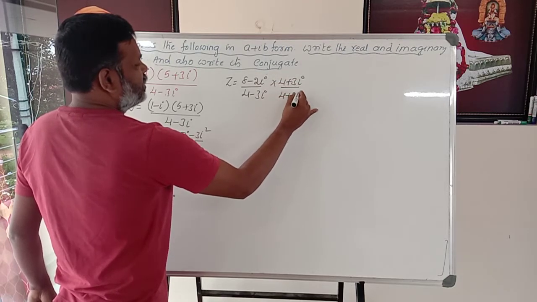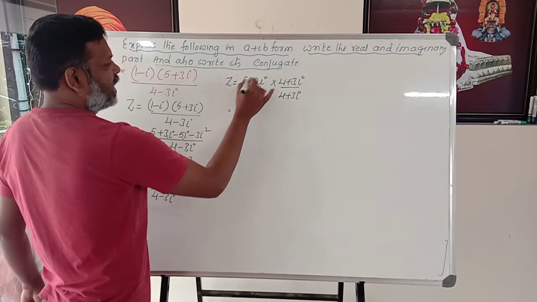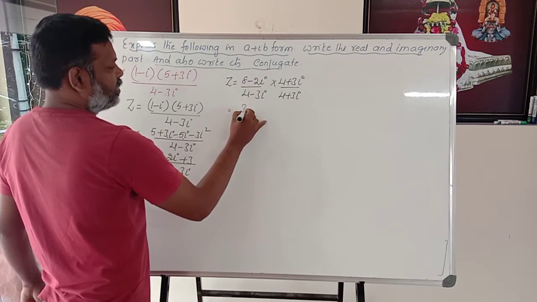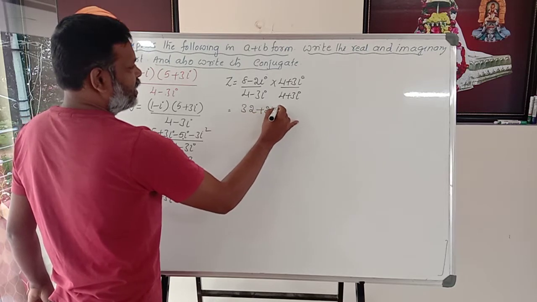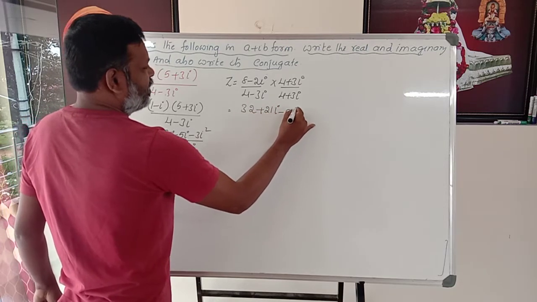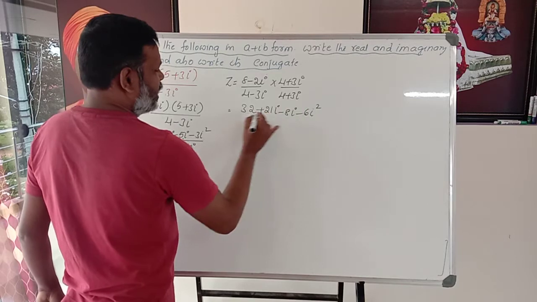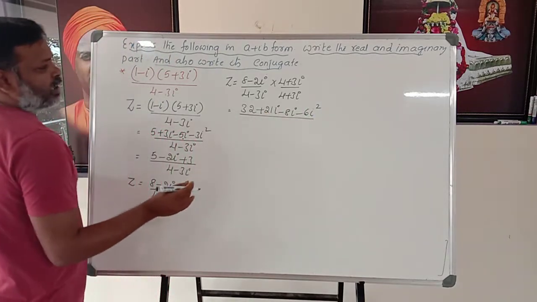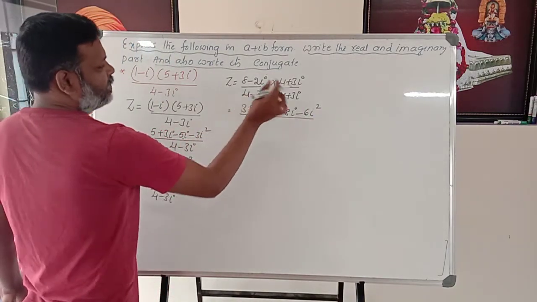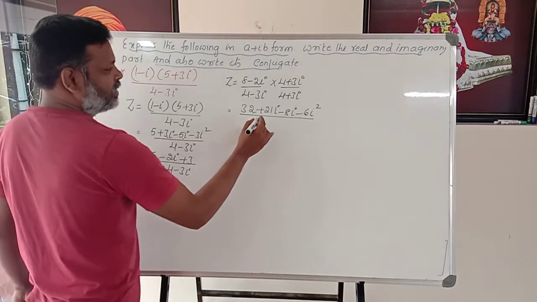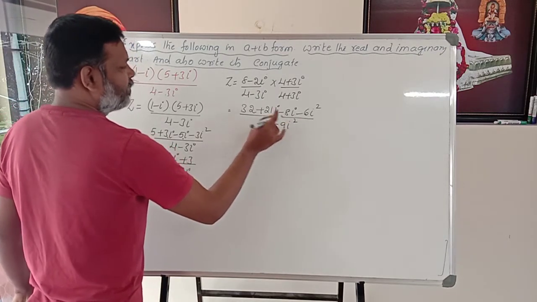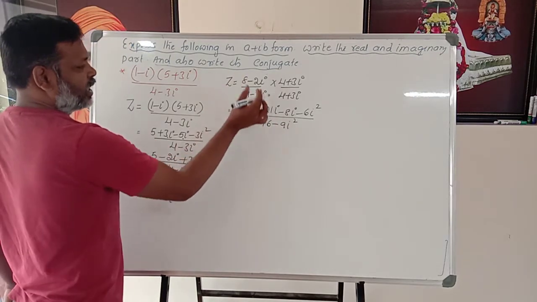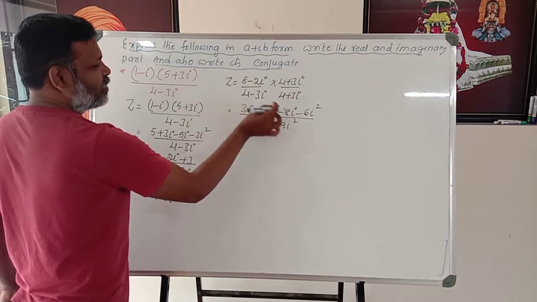Now multiply here. 8 fours are 32, plus 8 threes are 24i, minus 8i, minus 6i square, by multiplying the numerator. The denominator is a minus b into a plus b, a square minus b square, so 16 minus 9i square, where a square is 4 square and b square is 3 square i square.